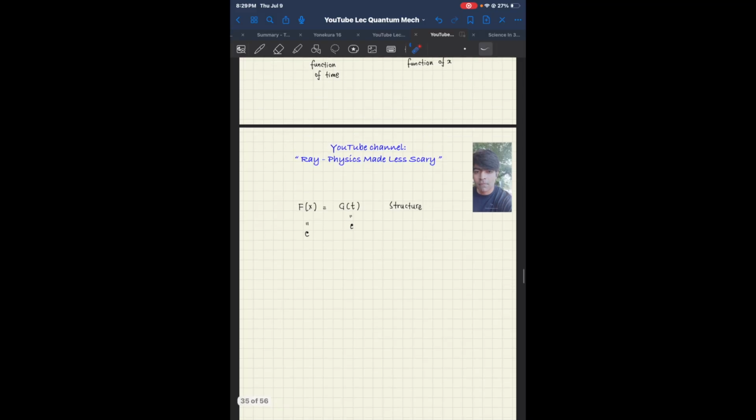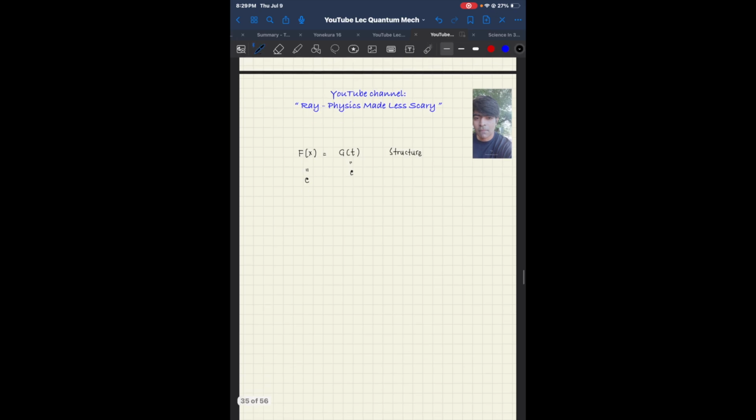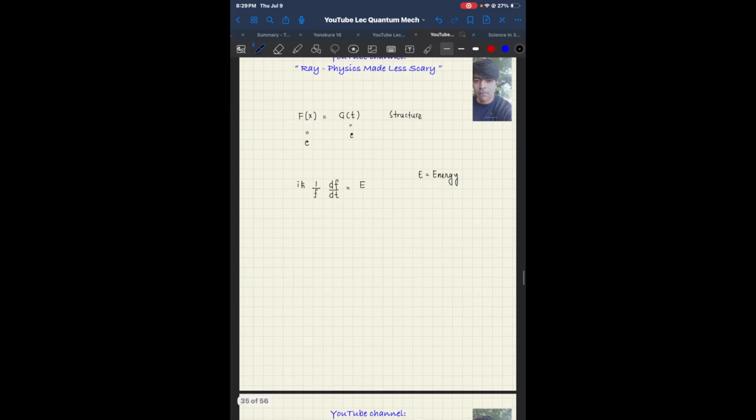So immediately, you can solve at least one of them. So you have iħ (1/f) df dt. Let's call the separation of variable constant E. You'll see why it's called E. And for those who are following, this E is for the energy of your system.